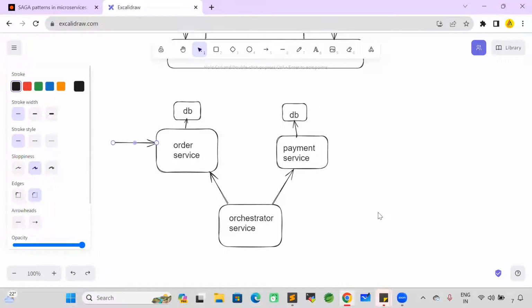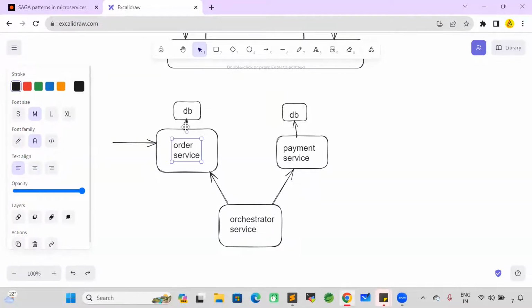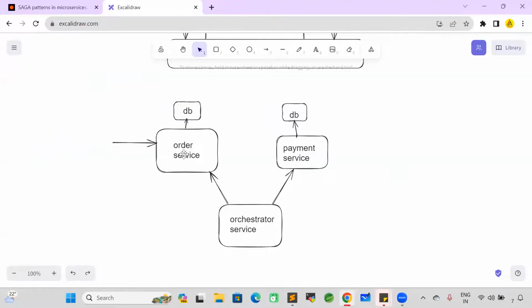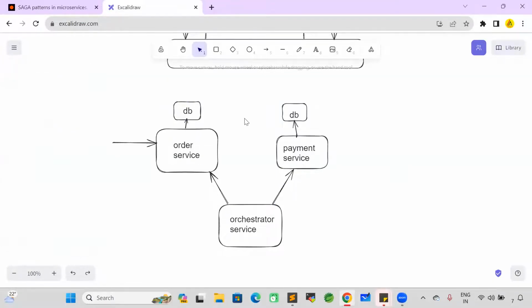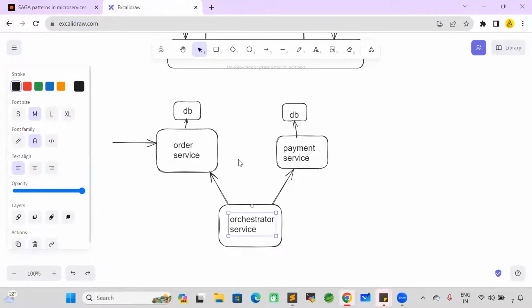When the order is received, the orchestrator will tell the order service, take the order and keep it in the database. Once the order is completed, it will tell the payment service, you take the payment. Once the payment is successful, the orchestrator will tell the order service, you confirm that. If the payment is failed, the orchestrator will tell the order service, you cancel that, you fail that.